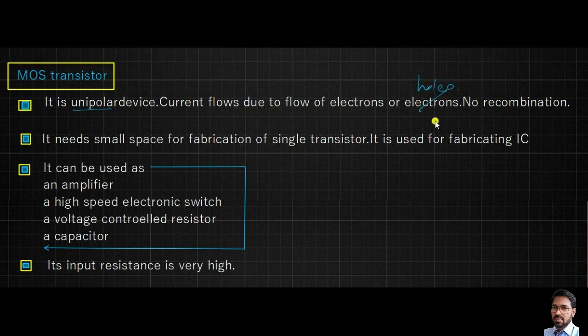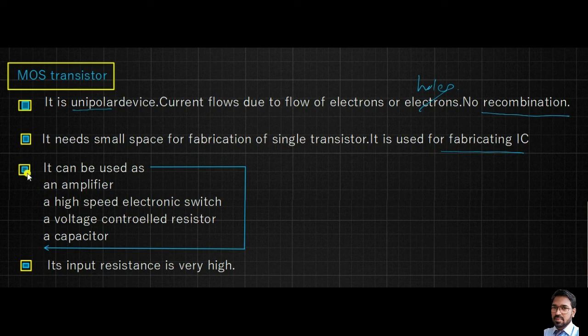There is no recombination in MOS, metal oxide semiconductor transistors. It needs small space for fabrication of a single transistor, therefore it is very useful in fabricating ICs.